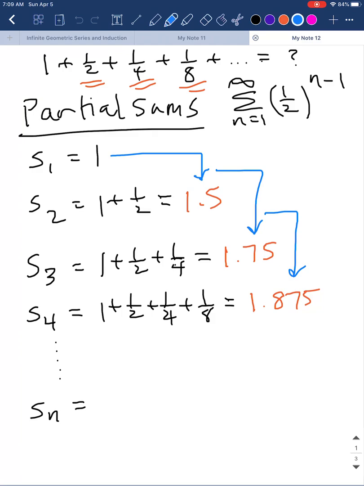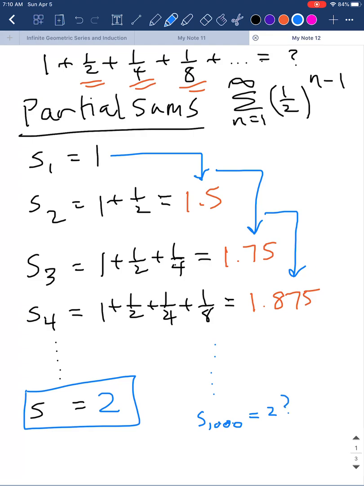So then our sum, just in general, is equal to 2. But that kind of raises the question, does it ever actually equal 2? Right? Will there be a point where I have S sub 1,000 equals 2?